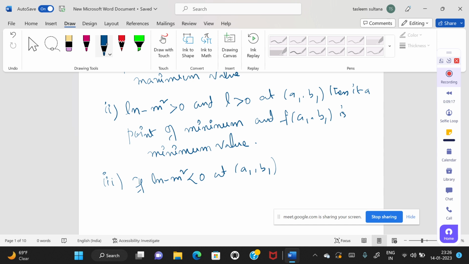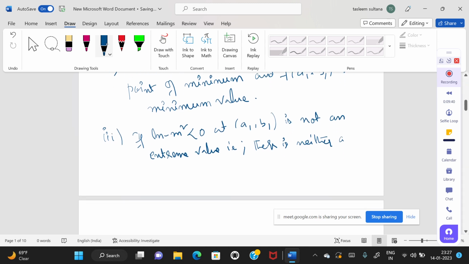It is not an extreme value, which means it cannot decide whether it has to move to the maximum side or the minimum side. It is neither a maximum nor a minimum at (a1, b1).